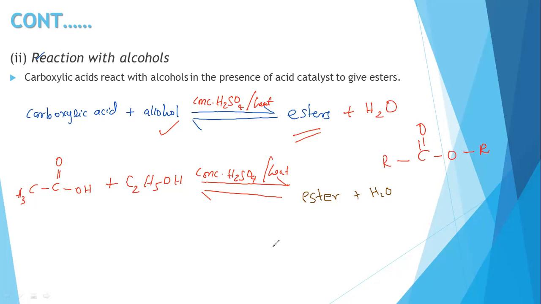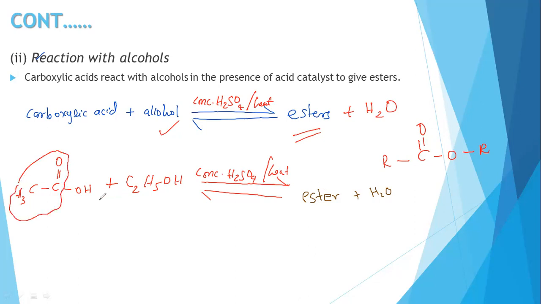Right. So look at here. This is your part of the carboxylic acid. Can you see? RCOOR. One is your part of the carboxylic acid, and the rest part is your part of the alcohol. So we'll draw this part.